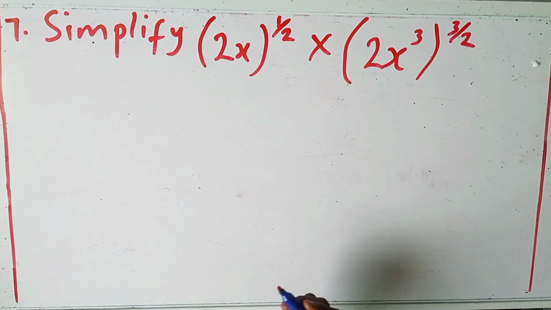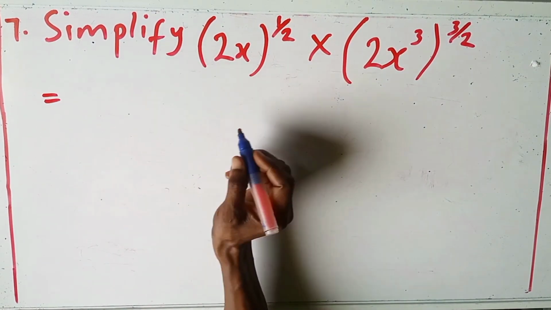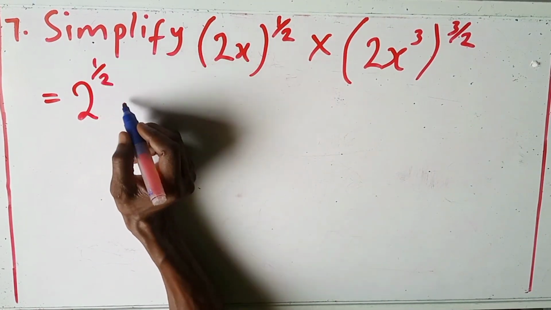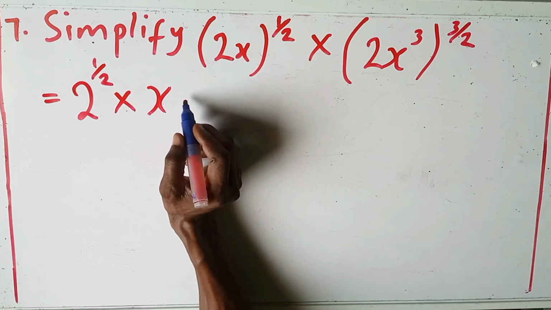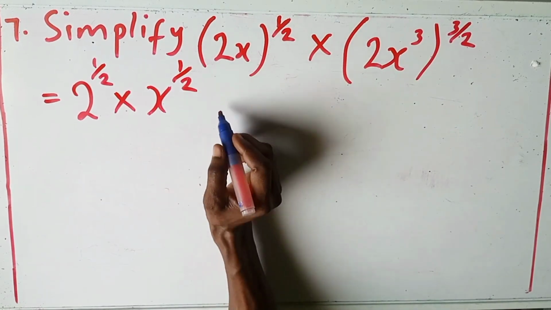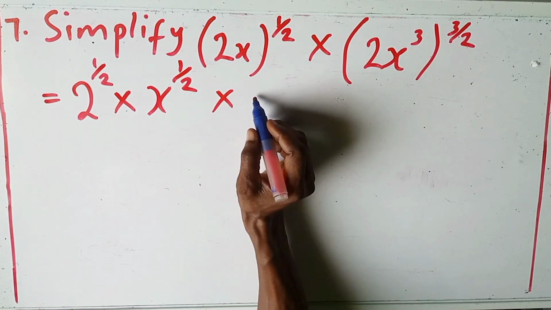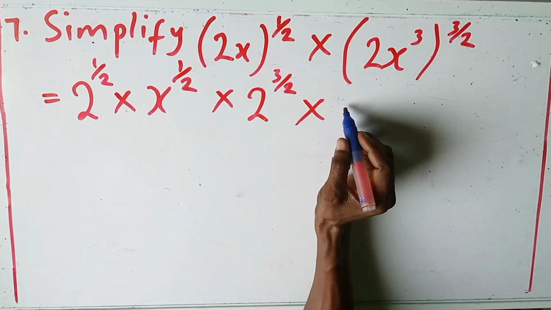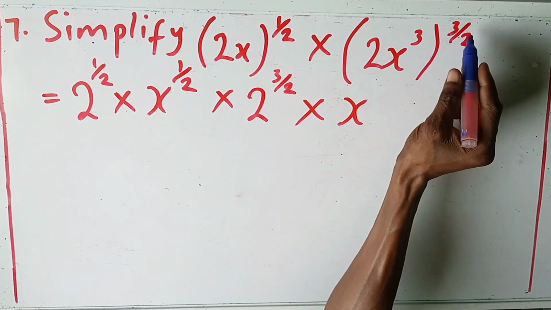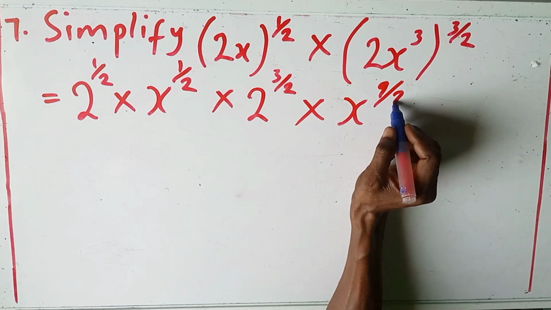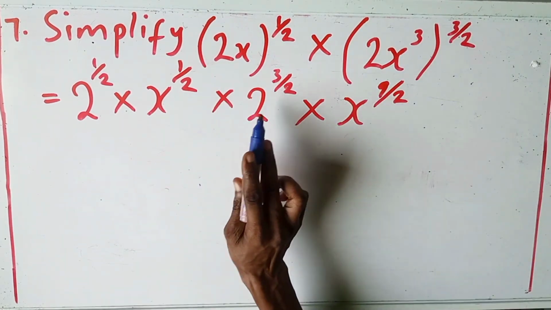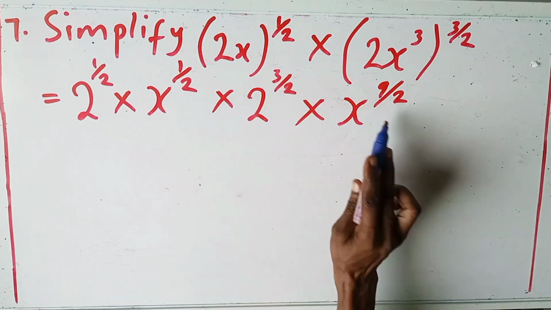To do that, we're going to write 2 raised to power 1 over 2 times x raised to power 1 over 2 times 2 raised to power 3 over 2 times x raised to power 9 over 2. What we did is to remove the bracket. You can check part 1 if there's anything you don't understand.